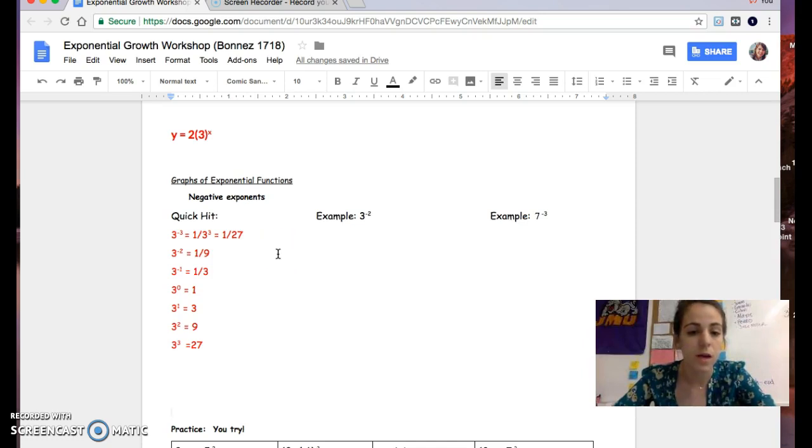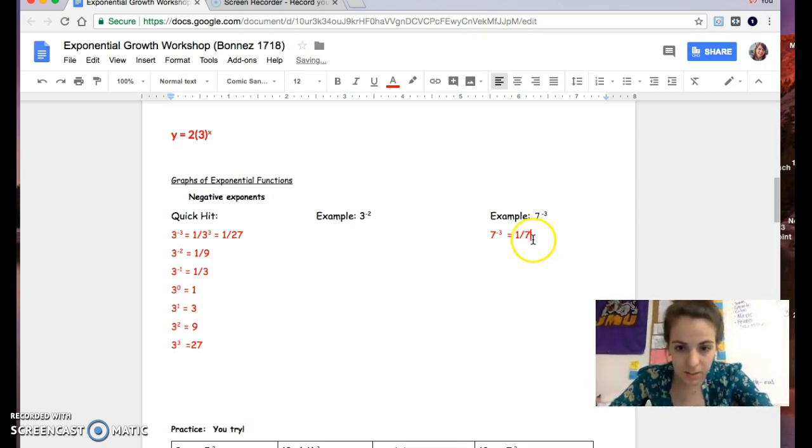Okay, so let me give you another example with 7 to the power of -3. So 7 to the power of -3 is going to be equal to 1/7 to the power of +3.